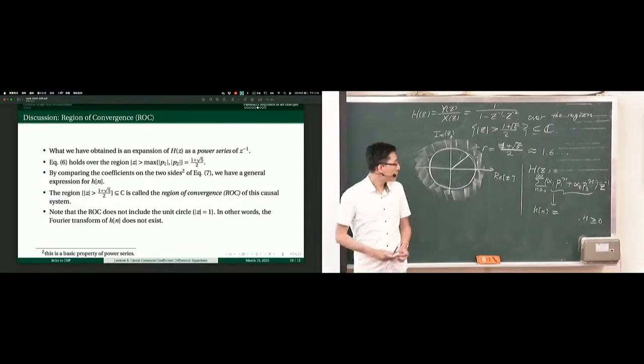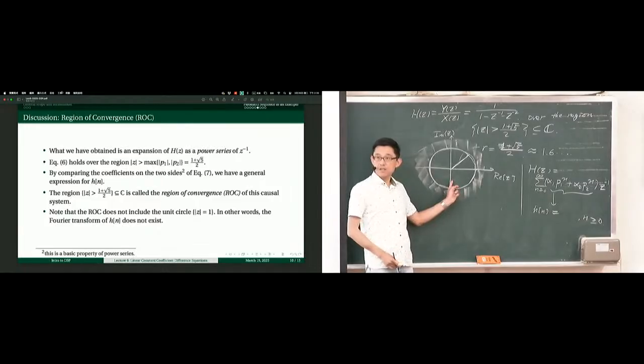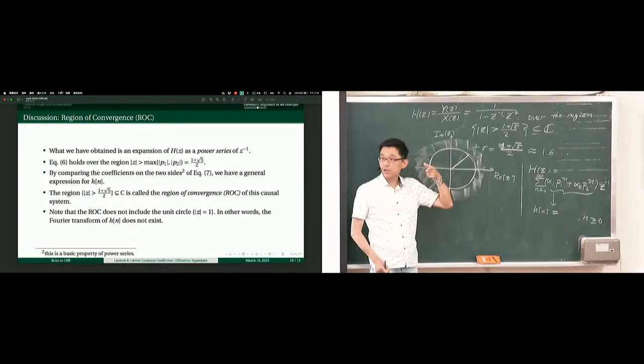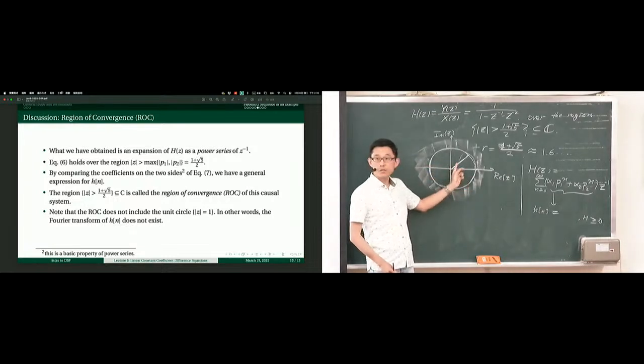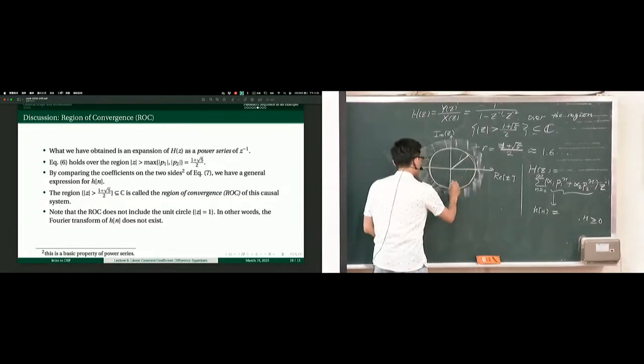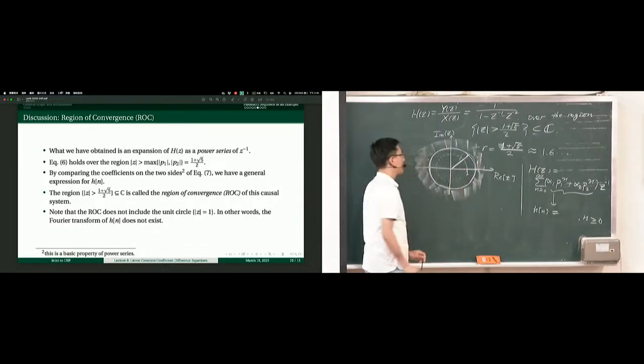The unit circle is inside this bigger circle, right? This radius is 1.6 something. It's larger than the unit circle. So the unit circle is inside, but the region of convergence is outside. That's the unit circle we have, radius 1.